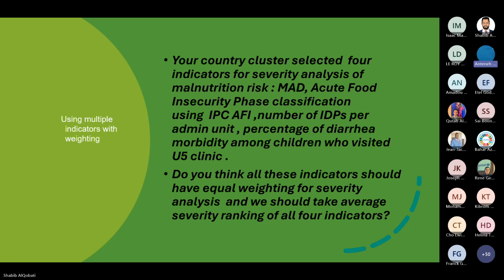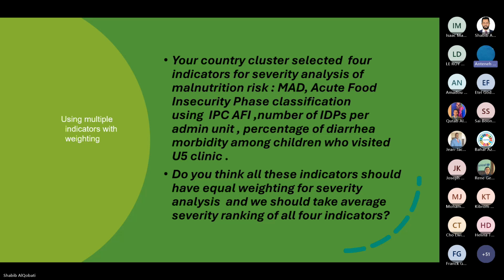Do you think you should give equal weighting for these indicators, or do you recommend giving different weighting for these 4 indicators? What I mean by weighting is, for example, if you want to aggregate the severity, and each one of them has, let's say, severity level 4, the aggregated severity level will be 4 plus 4 plus 4 plus 4, so 16 divided by 4 gives you 4.